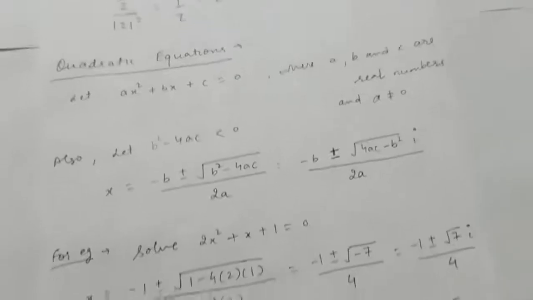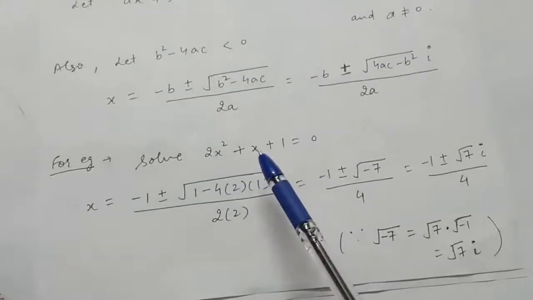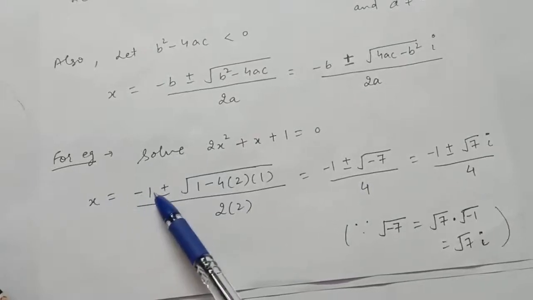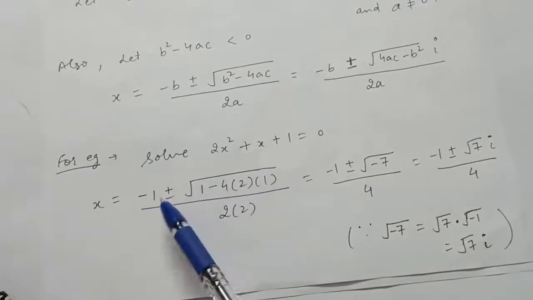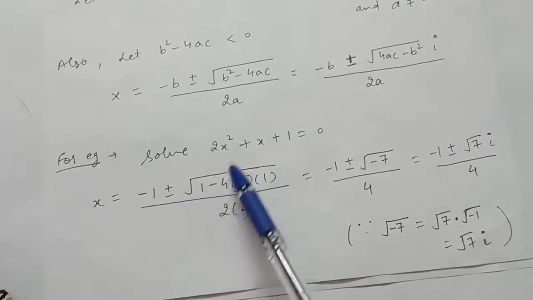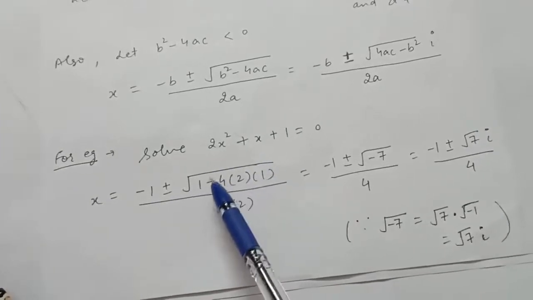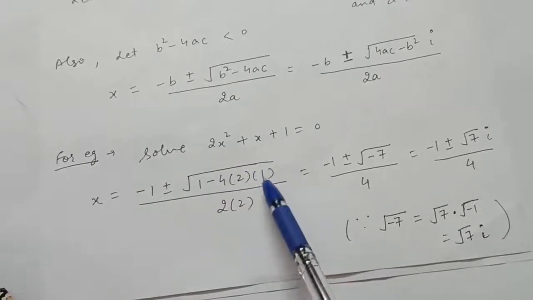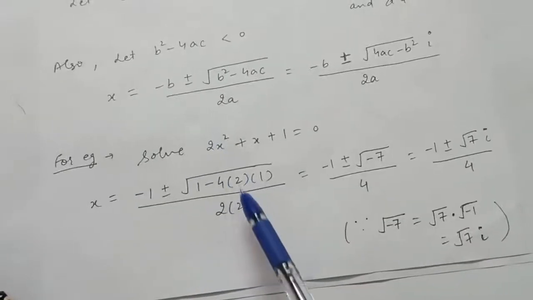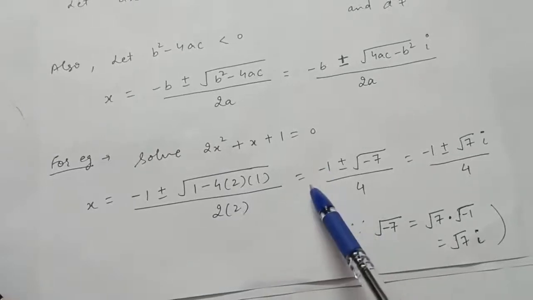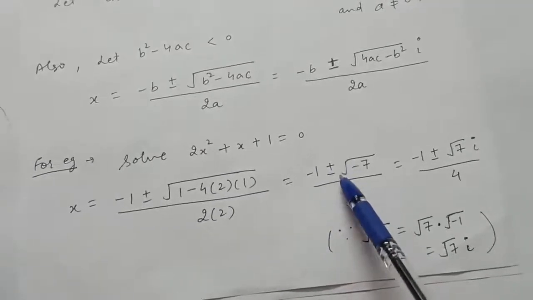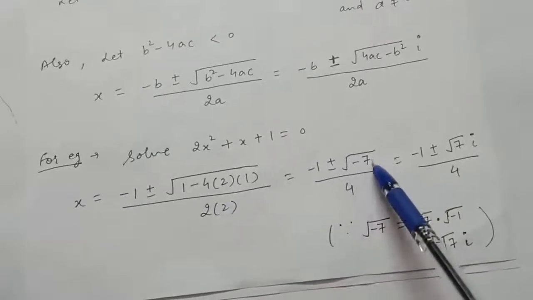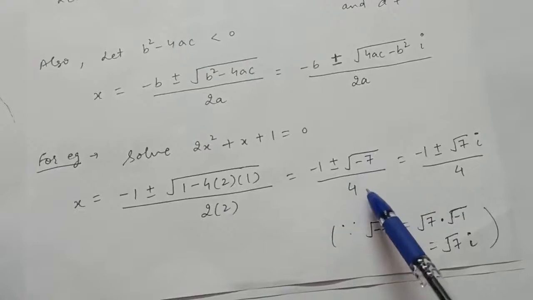To understand this, let us take an example. If you have to solve this quadratic equation, now you know the formula. x is equal to minus b, here b is 1, plus minus root b square, now 1 square is 1, minus 4ac, upon 2a, right? Now this will be minus 1 plus minus root, now this is 1 minus 8, that is minus 7 inside the root, upon 4.